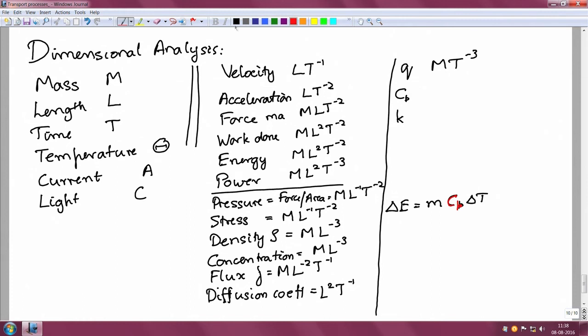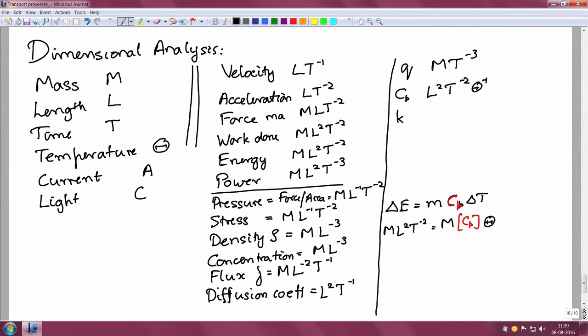On the left hand side I have an energy, M L squared T to the minus 2, which is equal to the mass M, the dimension of the specific heat, times temperature, that is theta. From this you can easily see that the dimension of specific heat is L squared T to the minus 2 theta inverse.